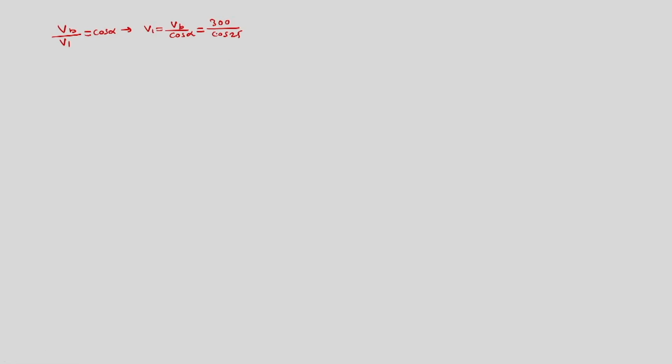From here we find V1, which is 331 meters per second. Again we know V1 is equal to 44.72 into square root of delta H stage divided by 2 into nozzle efficiency.